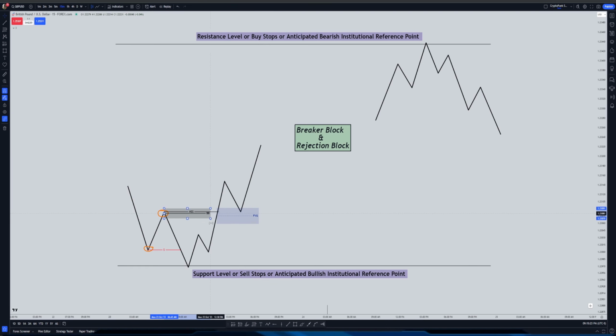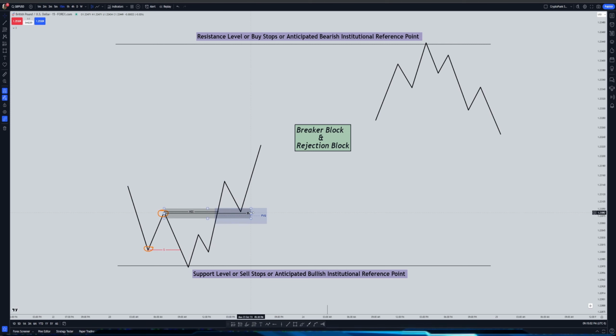Why this is high probability, let's talk about that a bit as well, because a breaker block itself should act as a support. On the other hand, a bullish fair value gap or a buy side imbalance, sell side inefficiency, that should act as a support too. So you have two confluences alongside with the liquidity grab and higher time frame bias, all of those pointing all together to a certain level.